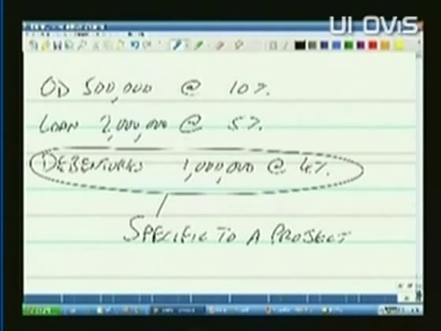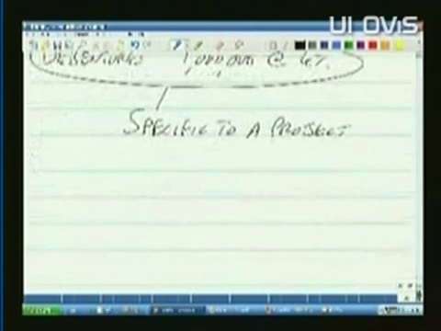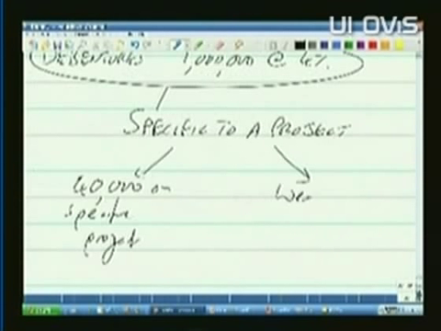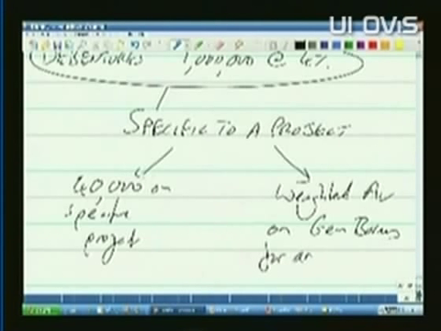So if the reason I've issued the debentures is specifically for the purposes of undertaking a particular project, then what I would have to do is capitalise the 40,000 on the specific project, and then use a weighted average on general borrowings for anything else.